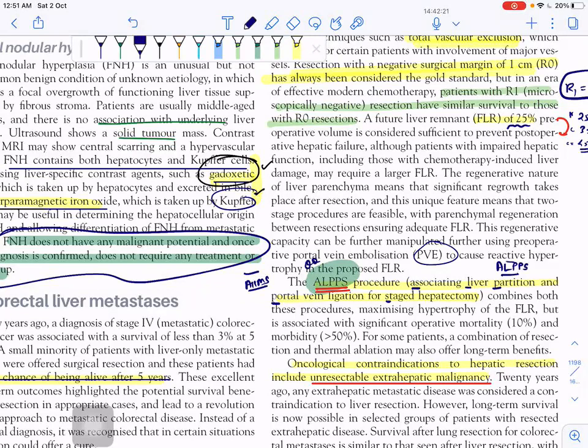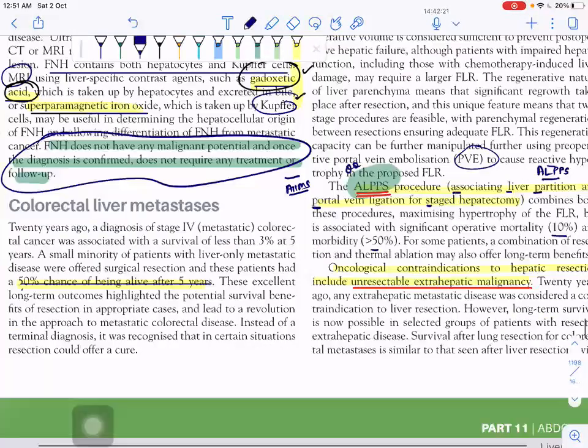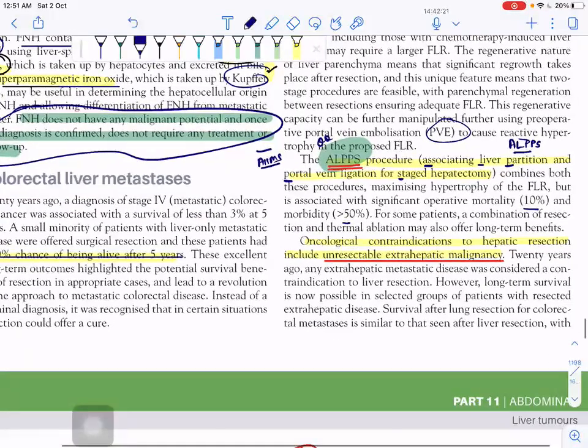They mainly use this procedure to increase the FLR. But in spite of this, it has significant operative mortality of 10% and morbidity of more than 50%. Oncological contraindications to hepatic resection include unresectable extrahepatic malignancy.